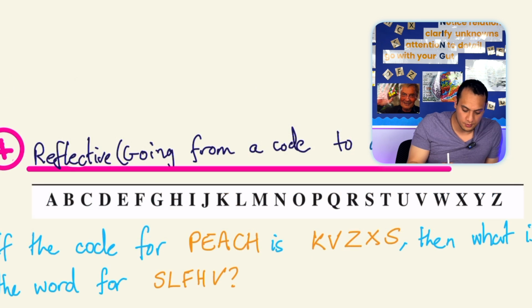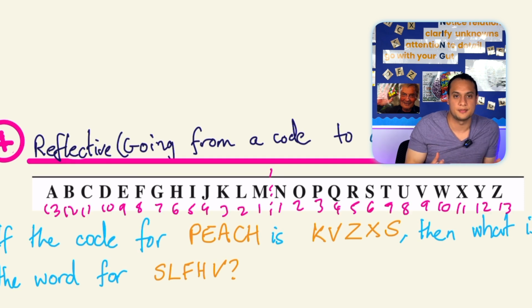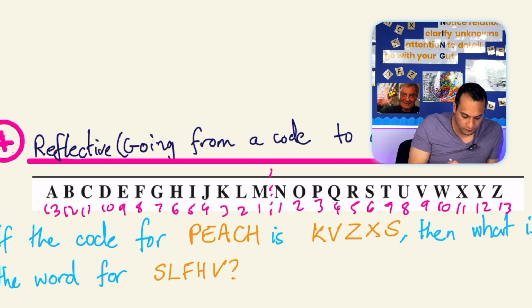We're just going to do one more where we go from a code to a word and it's also reflective. So again, we're going to do the same thing. First of all, as you know, the first step is to find out whether the code is reflective. So we'll just see if it fits into that trend. So if we look for P, P is 3 away from our center position.